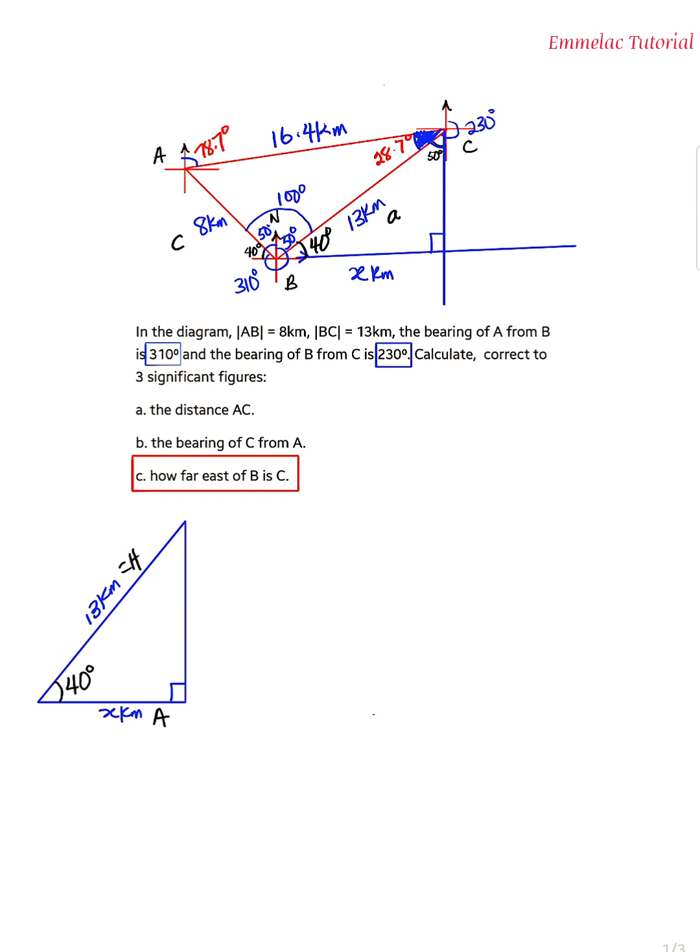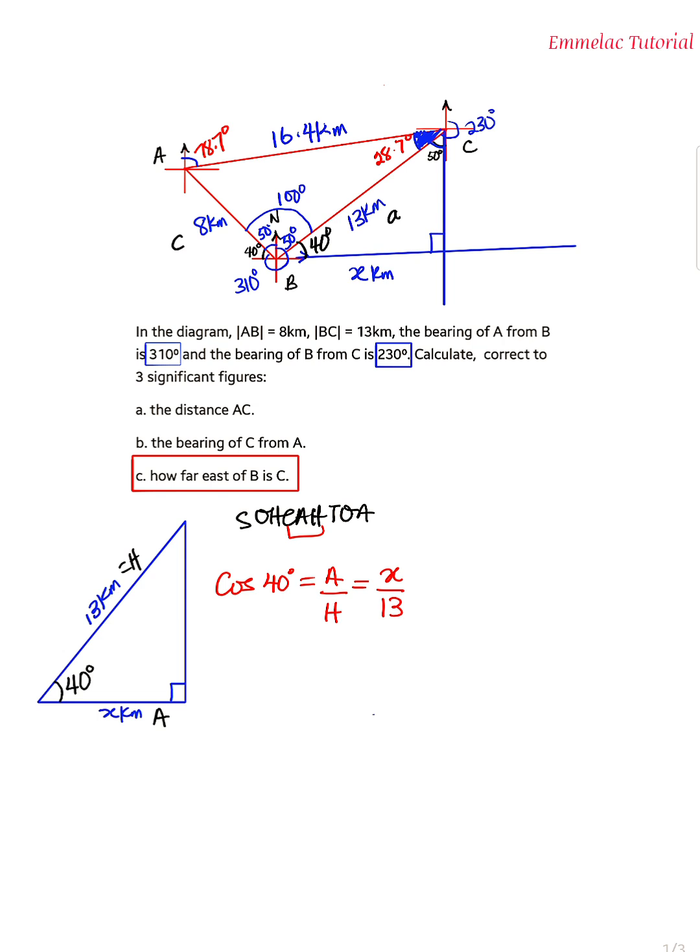So to this end, we'll make use of SOHCAHTOA, and out of SOHCAHTOA, we're making use of CAH, because this is the relationship between adjacent and hypotenuse. So here we have cos 40 degrees equals adjacent over hypotenuse, and our adjacent is x and our hypotenuse is 13.